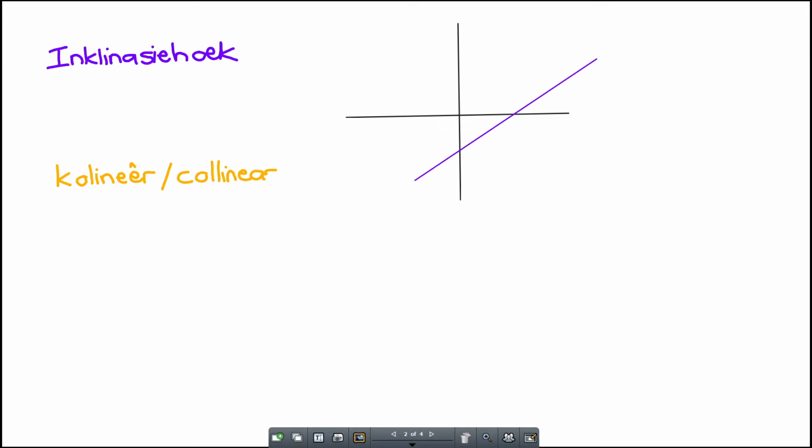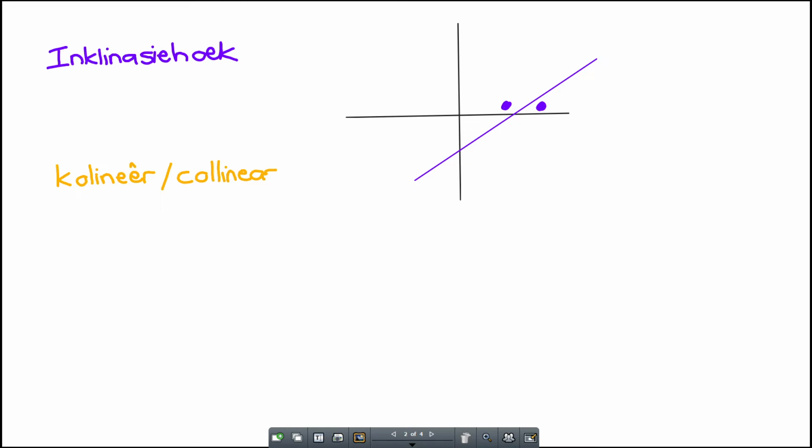Then my inclination angle will be the angle between the x-axis and that line, but it actually forms two. There's one and here's one. So you'll see in the wording, en die bewoording sê hulle spesifiek vir jou, dis die hoek wat 'n lyn met die positiewe x-as maak.